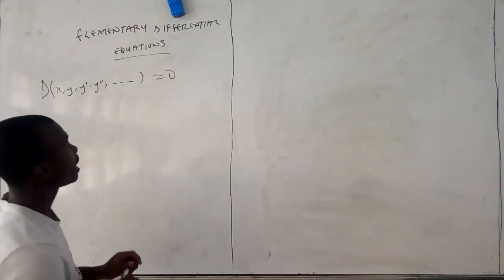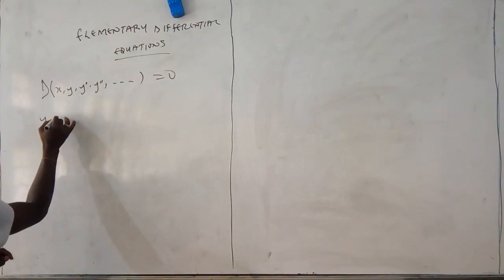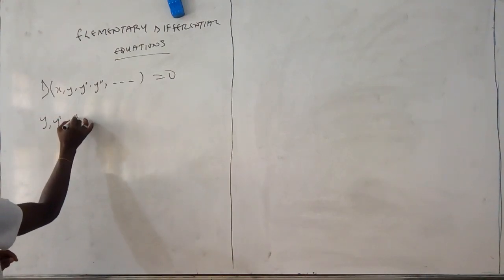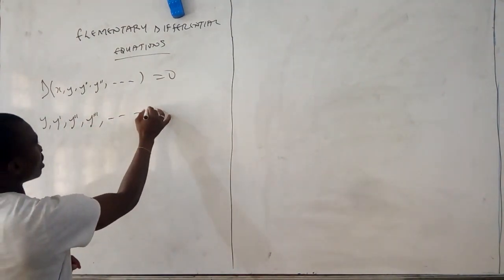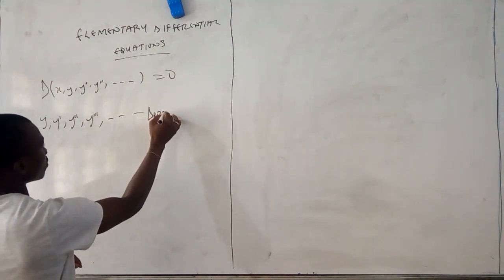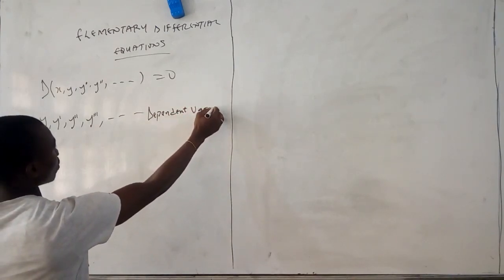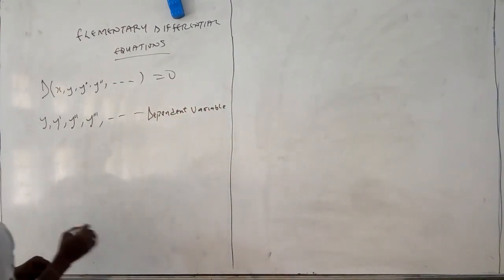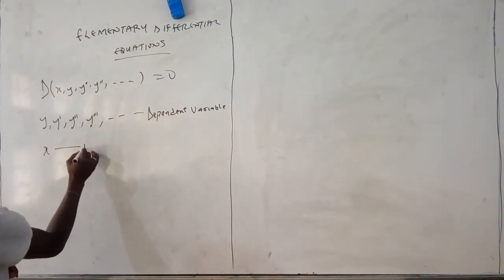Here, the dependent variable is y, while the independent variable is x.